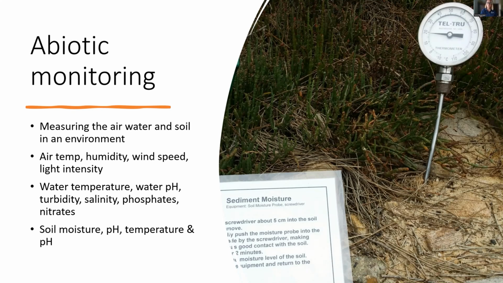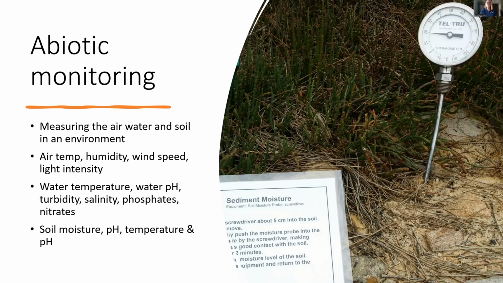You can go and do some water testing. So have a look at water temperature, pH, turbidity, salinity, phosphates and nitrates, using very simple water thermometers that you can get to use in the field that aren't glass.